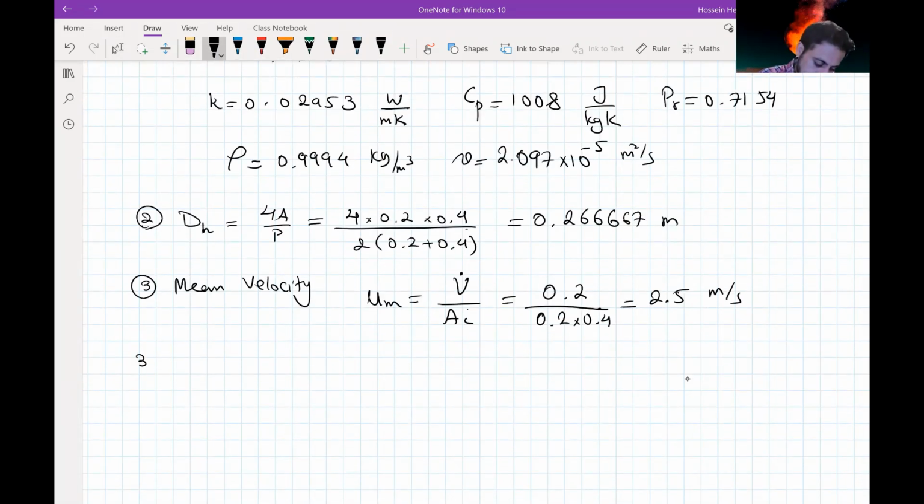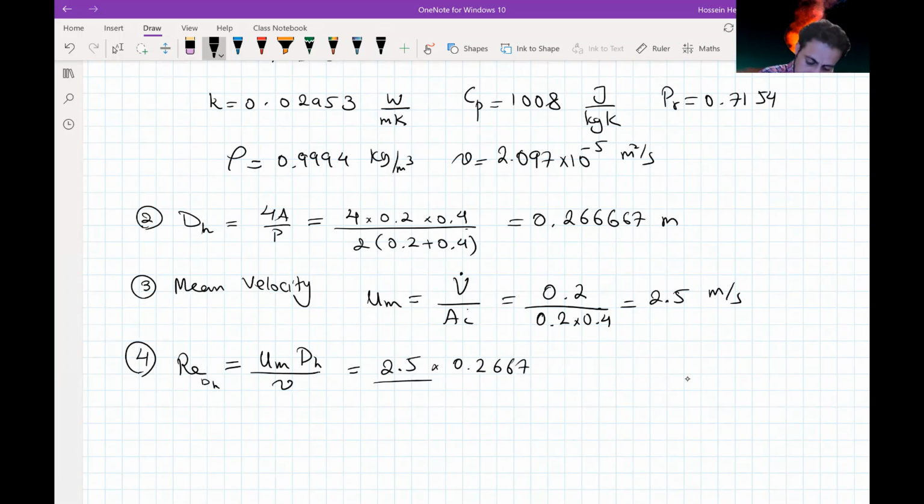The next step is the Reynolds number at this hydraulic diameter: U_m D_H over nu, which is 2.5 times 0.2667 divided by 2.097 times 10 to the power minus 5.